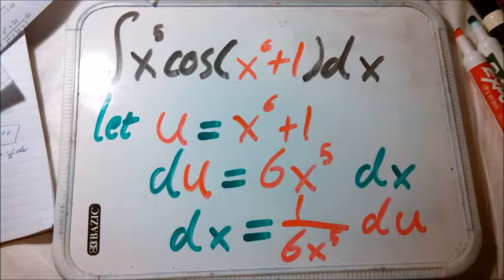We let u equal x to the sixth plus 1. Now we take the derivative of it. It becomes du equals 6x to the fifth dx, since we take the derivative of x to the sixth. Now we need to solve for dx. In this case, it becomes dx equals 1 over 6x to the fifth du.